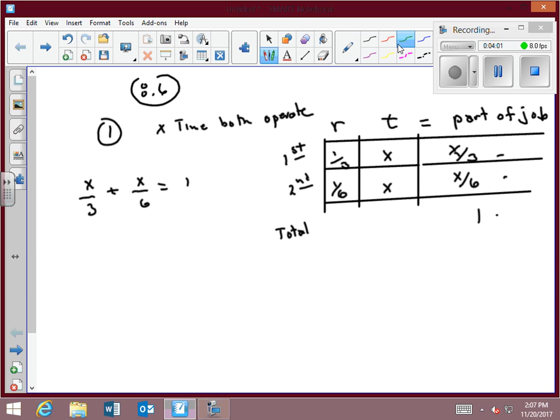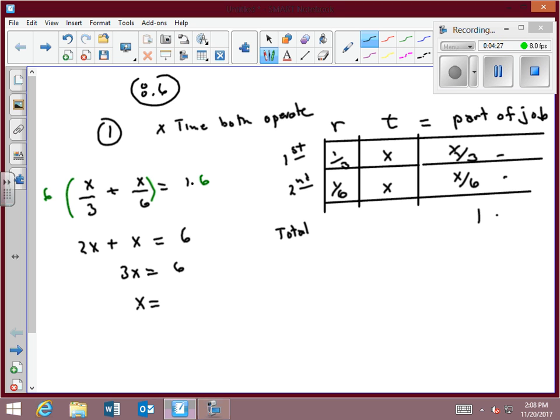So by organizing the information, you can figure out what the equation would be. Now then we just solve this equation. In this equation, we solve it by multiplying everything by the least common denominator, which is 6. Well, 6 times X over 3 is 2X. 6 times X over 6 is X. And then this is times 6. That's 6. So 3X equals 6.